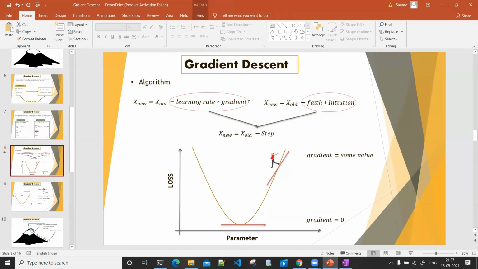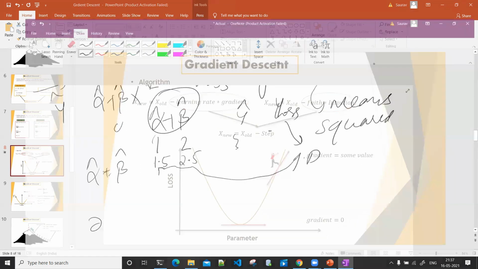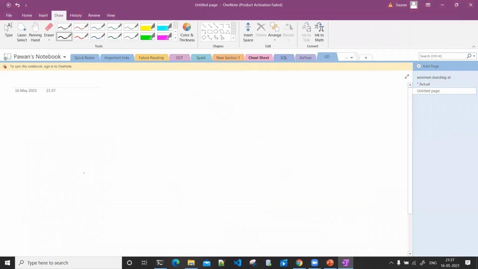Yeah. So now this is the gradient descent algorithm equation. Let me use x new. Let's take the example of what we learned previously, linear regression. In linear regression, we have alpha and beta, right?